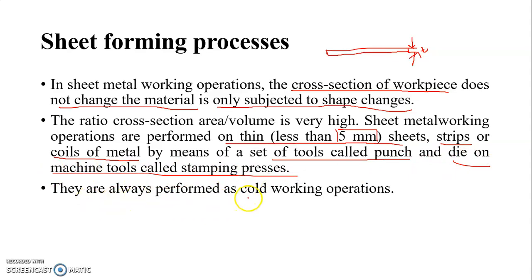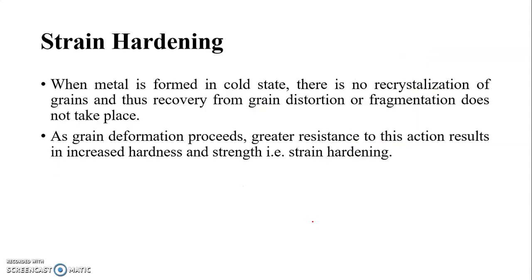They are always performed as cold working operations, because here the plastic deformation is less and the shear stress is high. Therefore, we don't need a hot working operation here. We can perform it as a cold working operation.